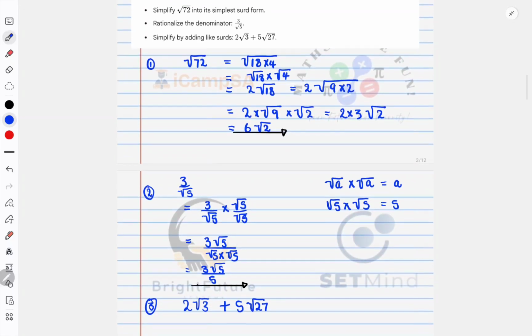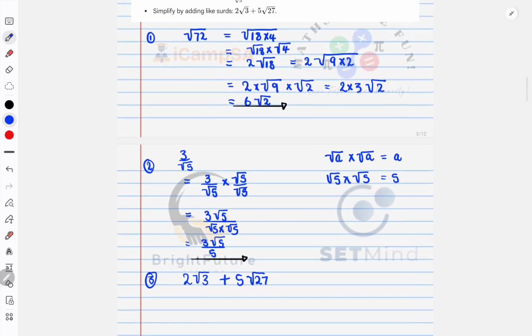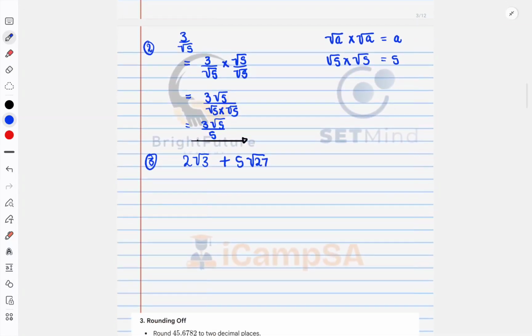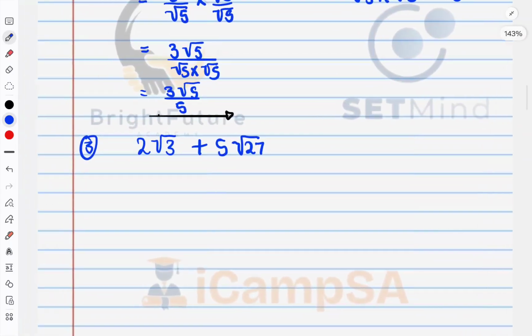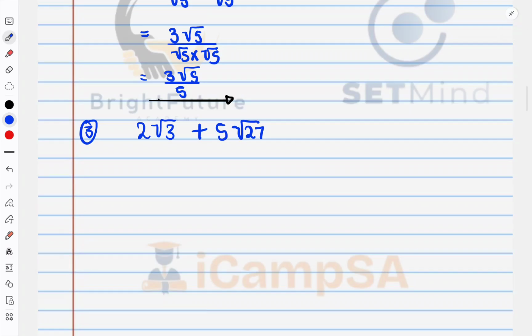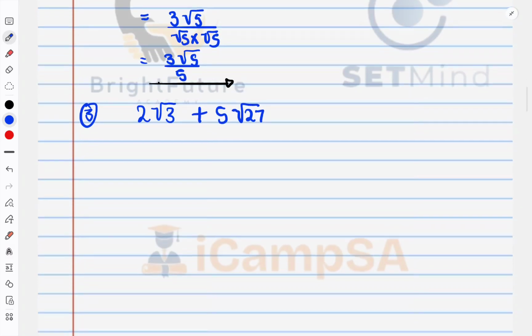And we are asked to simplify by adding the like surds. So first thing first, we can see that 2 root 3 has been represented in its simplest form. So we simply have to change this one here. We have to change this, essentially 27, and represent it in the simplest form and see if we can find something common between these two surds.